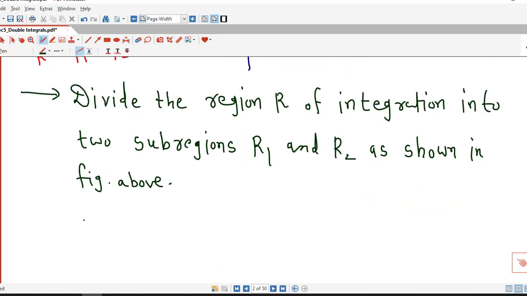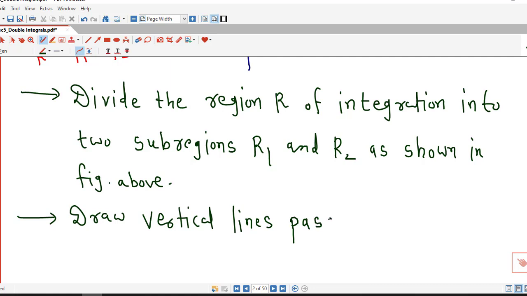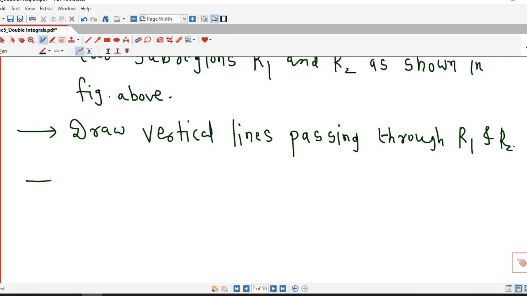And after that we write down that we draw vertical lines passing through R1 and R2, and we write down what are the limits of integration.